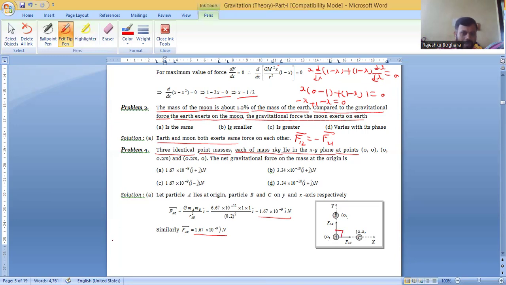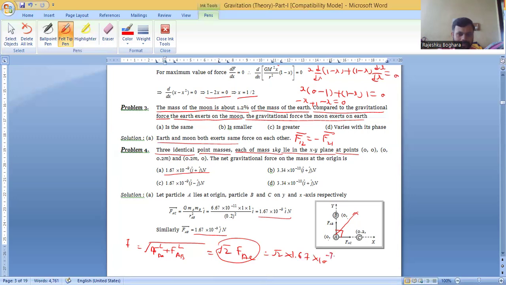For the resultant force, F is equal to under root of F_AC square plus F_AB square. The middle term is 0 because cos 90 is equal to 0, since the angle between these forces is 90 degrees. So we write root 2 times F. So the resultant force acts in this direction. In i and j form we can write 1.67 times 10 raised to minus 9 (j plus i) newton, and in magnitude form we can write root 2 times 1.67 times 10 raised to minus 9 newton.